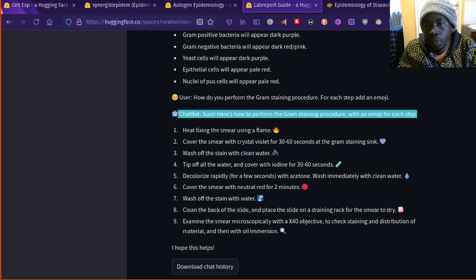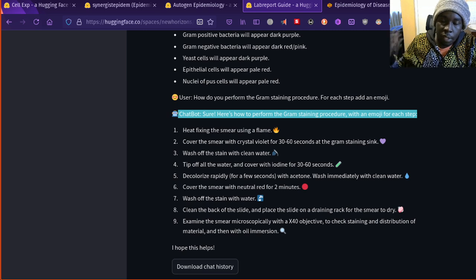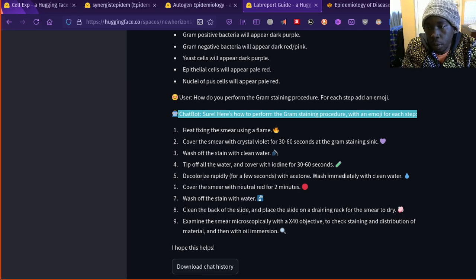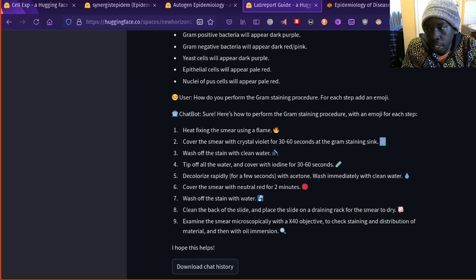So it referenced my documents, which have many sub documents, and we're able to get the gram staining procedure, and this is actually correct. I also appreciate the color purple being shown here and the color red. This is very important in differentiating cells after doing this particular procedure. So yeah, this tool is pretty nifty.